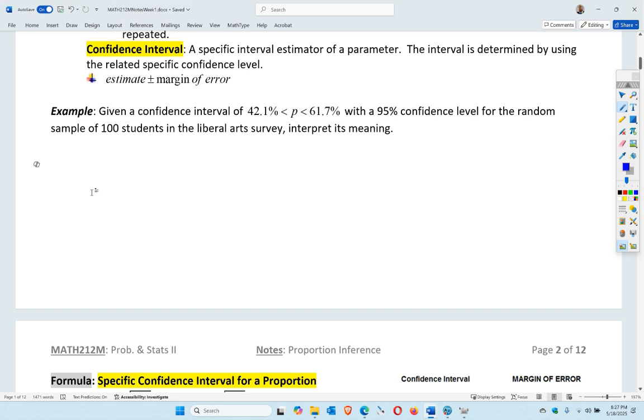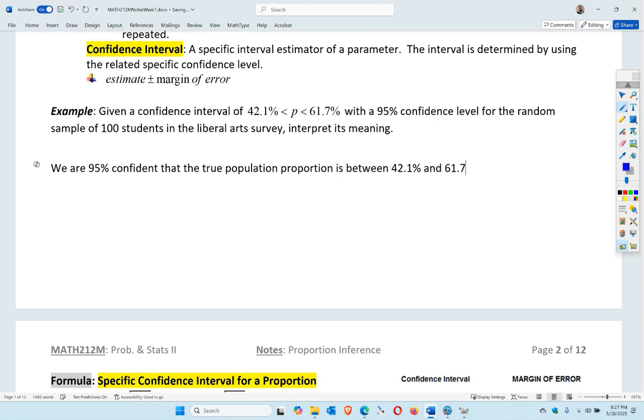So we are 95% confident that the true population proportion is between 42.1% and 61.7%.